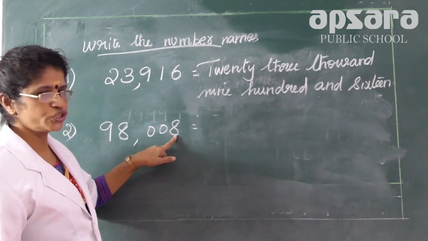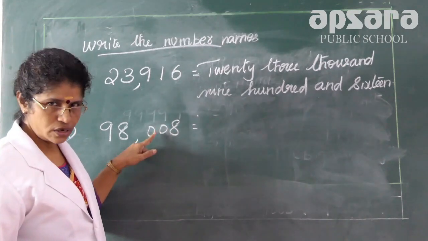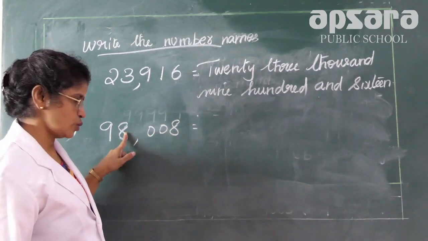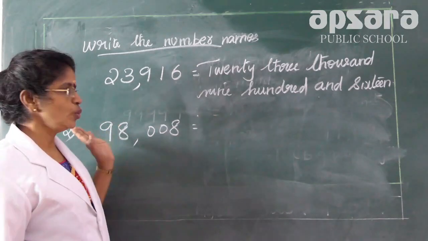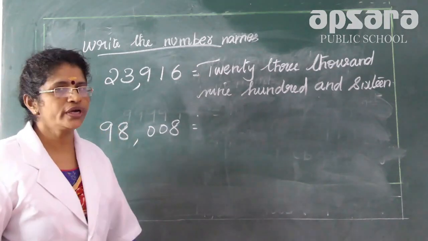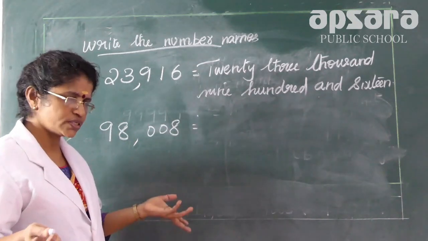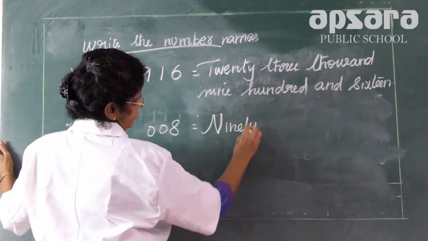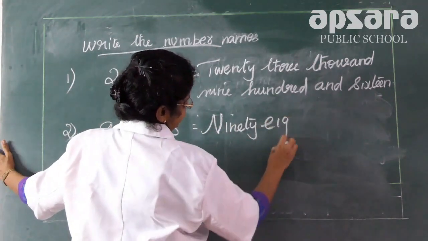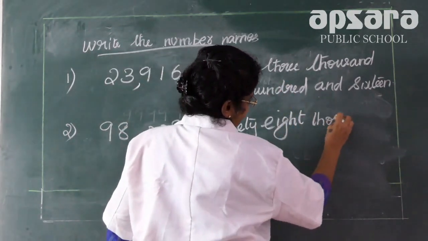Start counting along with me: ones, tens, hundreds, thousand, 10,000. How can you write the number name? You will write 98,008. Very simple.